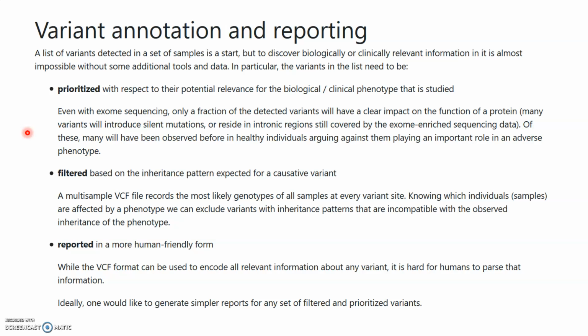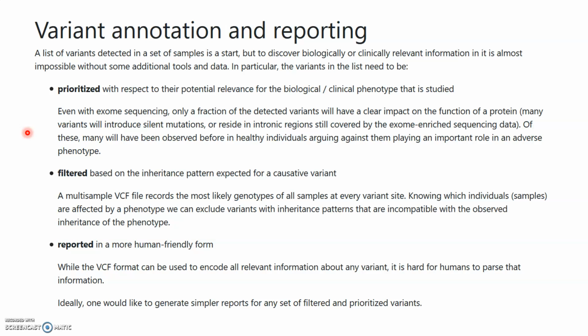This allows us to use specific filtering mechanisms, often based on inheritance patterns that are expected for a particular disease-causing variant. Remember, oftentimes we're looking for Mendelian disease, and so we know that if they have one or possibly two copies of a very rare allele in a gene that could cause that disorder, they are very likely to display the disease.